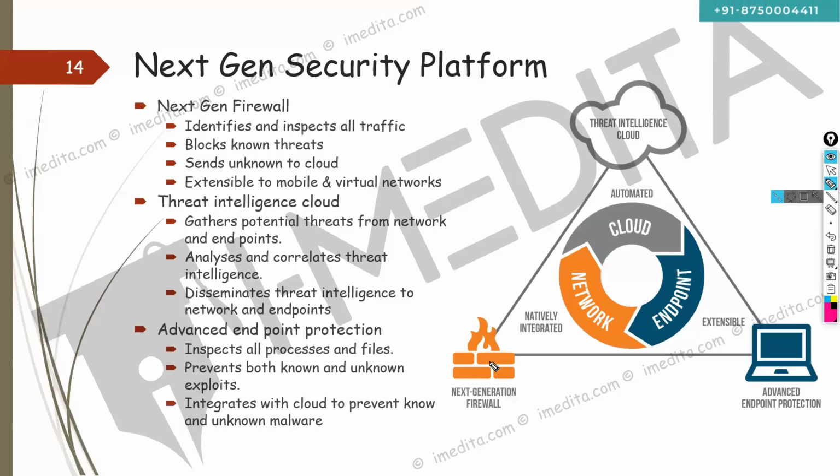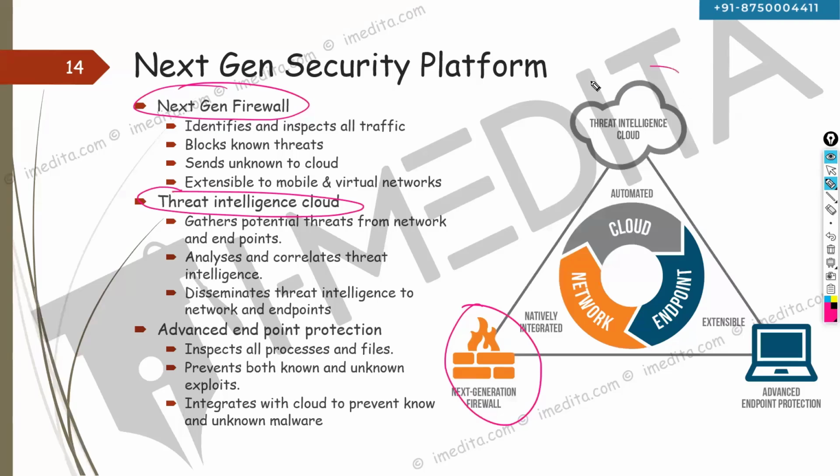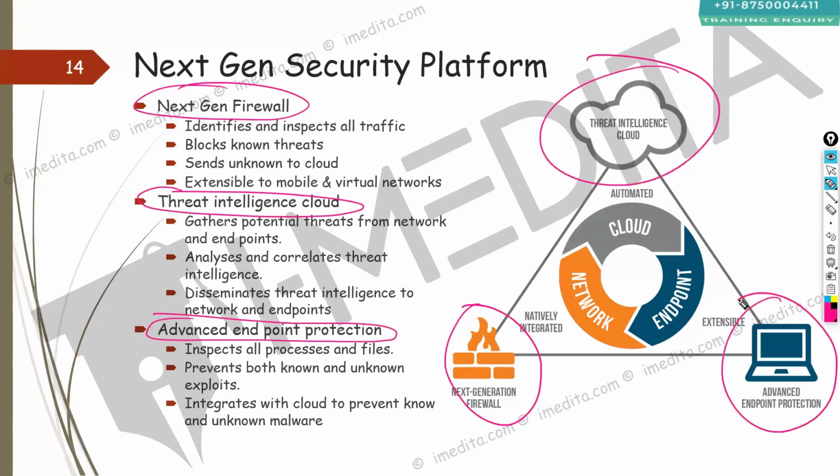Next, we have the next generation security platform. Yesterday, I told you that the firewall will send information to the cloud, as will advanced endpoint protection. So this next generation security platform includes three things: next generation firewall, threat intelligence cloud, and advanced endpoint protection.